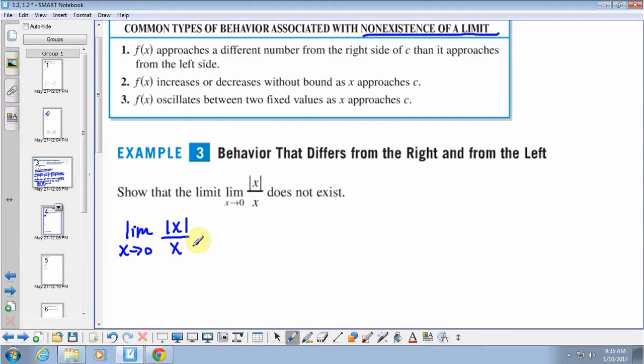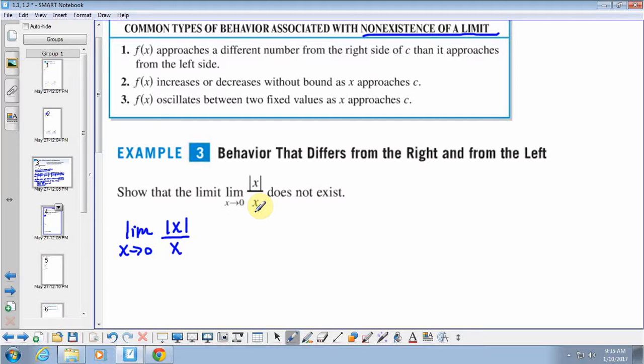Now, right now we're looking at behavior around this limit, but one thing that we can do, if you can do it, is direct substitution. Actually put 0 in there. If you put 0 in there, you get something that's undefined.